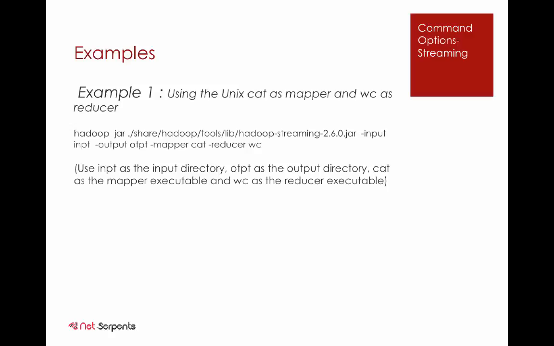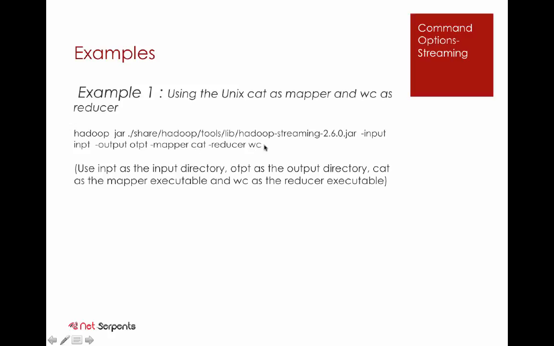The first example that we're going to run is going to use the cat and the wc commands of Unix. Fortunately, Unix already has given us a couple of commands which we can use very effectively for the demonstration of our programs. The cat command will output the content of any file that's applied to it.